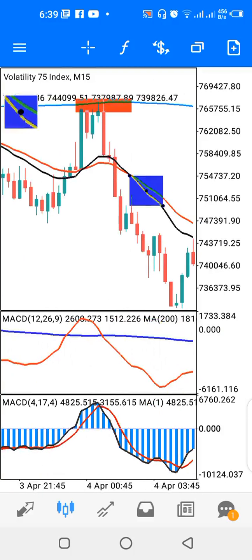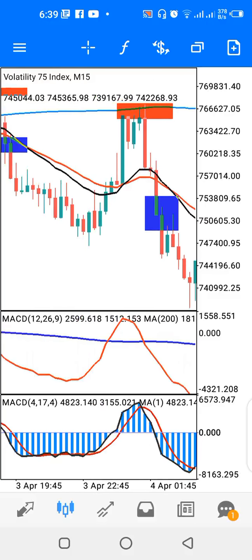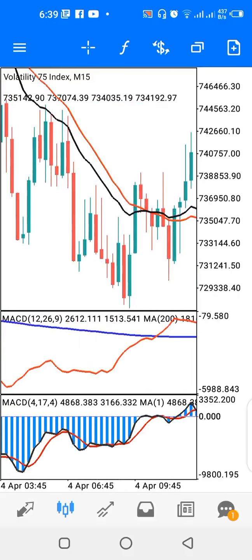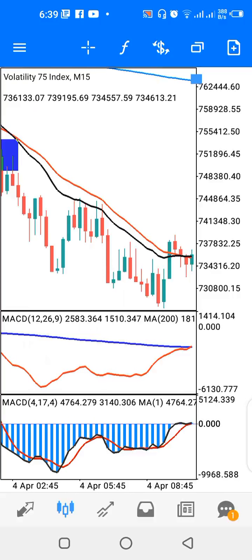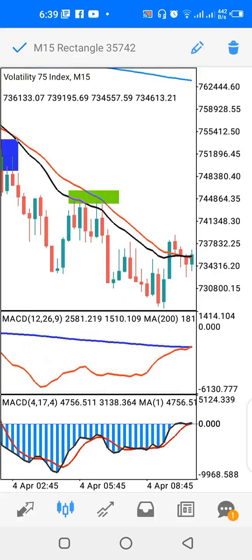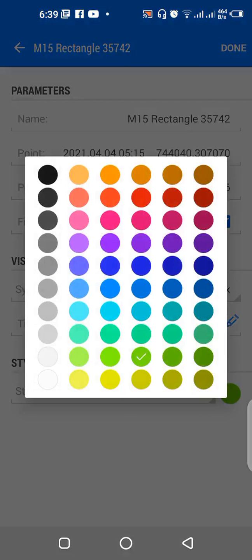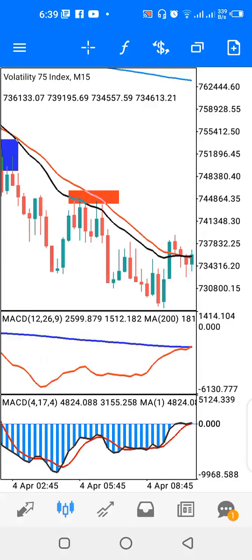This is another entry, and above here is your stop loss, and you can trail. Now you have another retest here. Price touched the black and red moving average line around here, so above there is your stop loss.